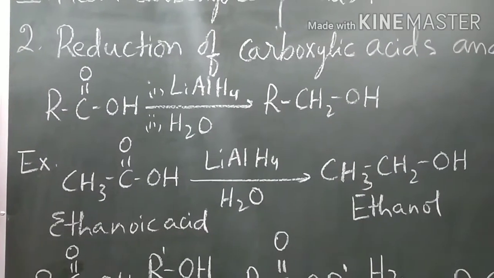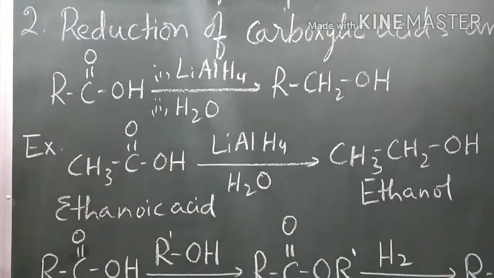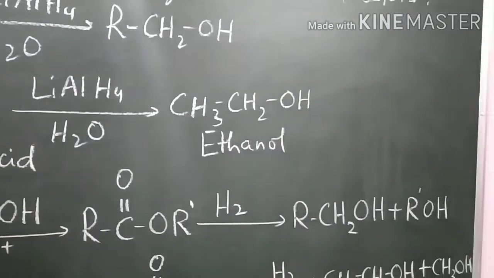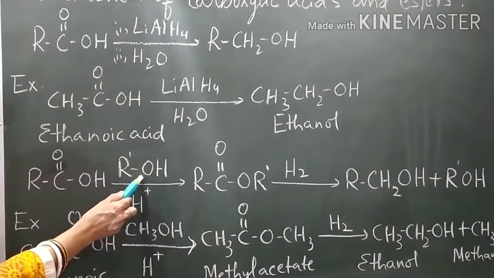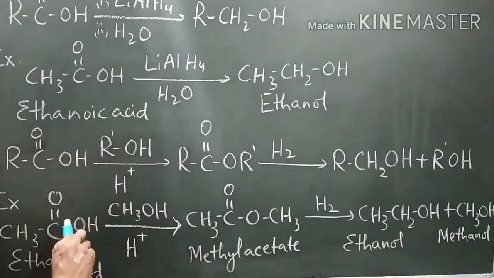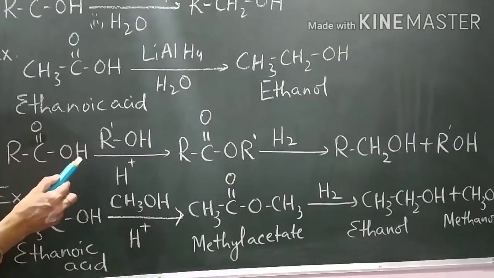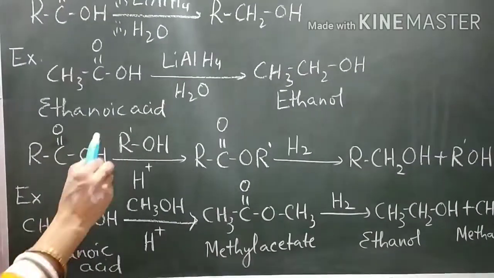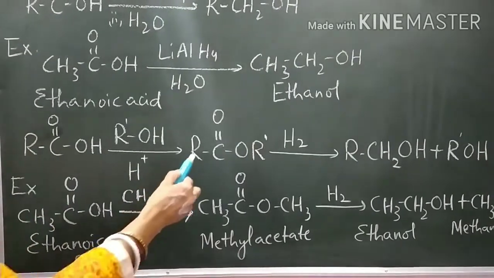So to reduce the expense of the preparation of ethanol, we can convert the acid into ester. Then the ester can be converted into alcohol. The carboxylic acid, when reacted with some alcohol in acid media, gets converted into ester by the esterification process. Esterification is nothing but when a carboxylic acid group reacts with alcohol in acid media, there is formation of a fruity smelling substance called ester.